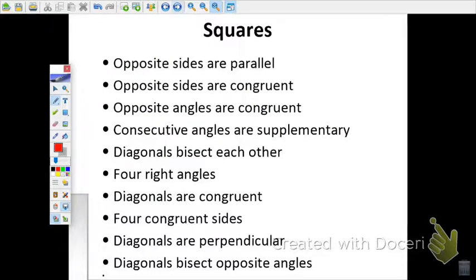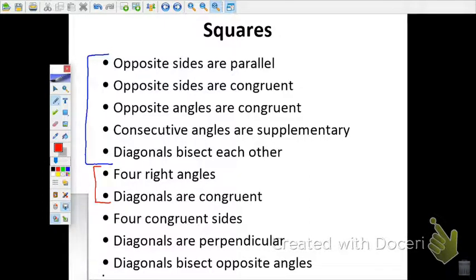And then squares. So again, I'll give you a minute to get these written down. When we take a look at these properties of squares, they all should look familiar to you. Again, these first 5 are those properties of any parallelogram. When we talk about a square, it is even more special than the rectangle and the rhombus, because not only is a square a parallelogram, it has all of those properties. The next 2 properties are properties of those rectangles.